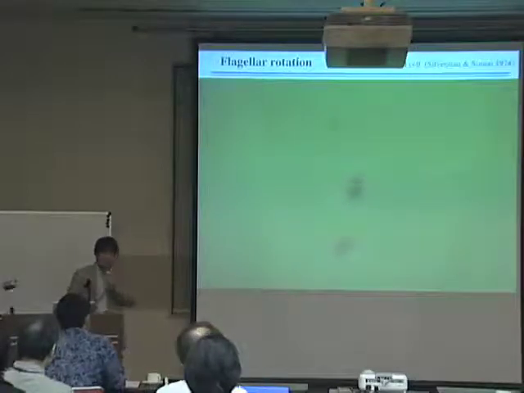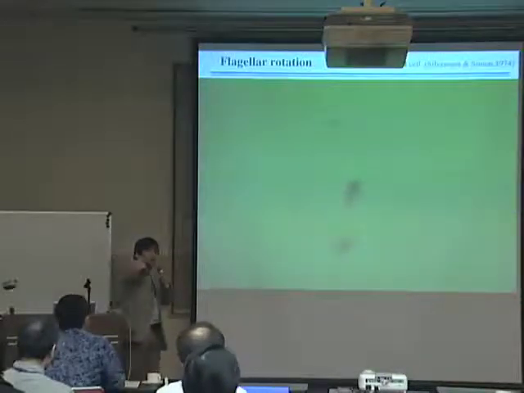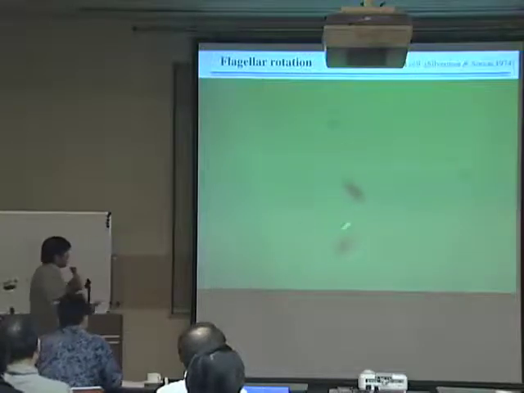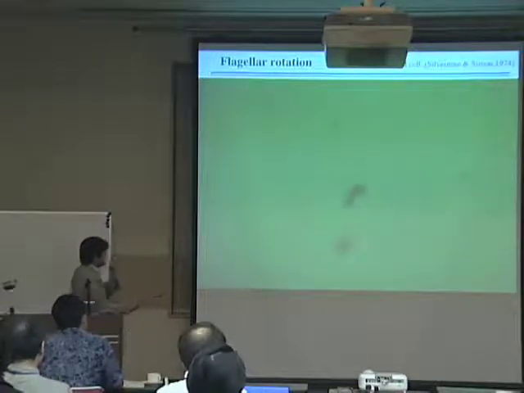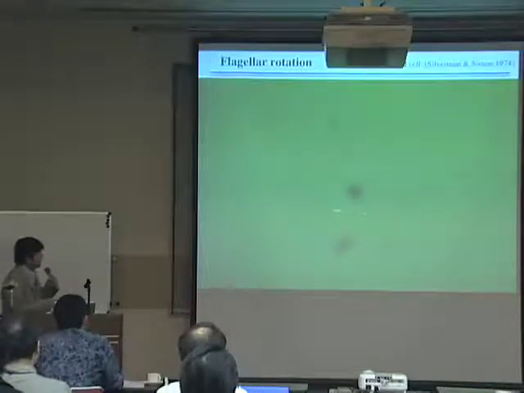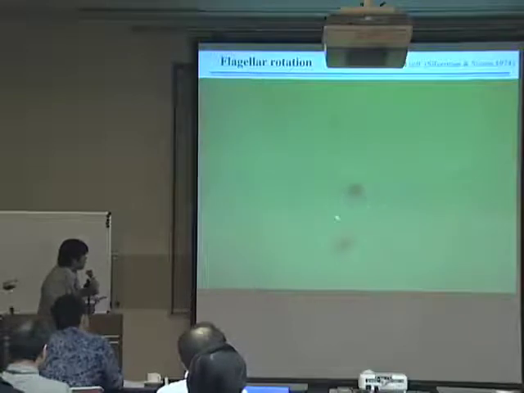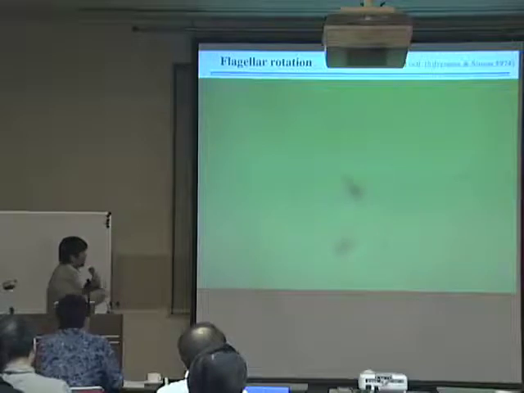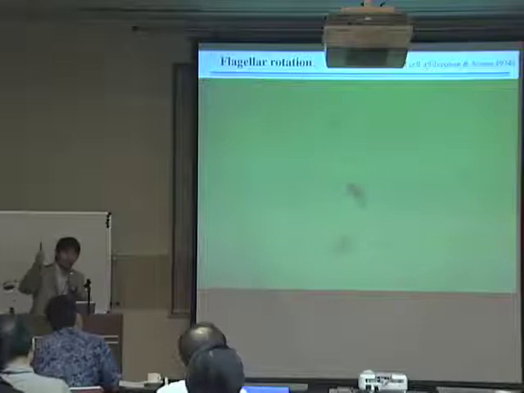It makes a whipping motion, not a rotational motion, but the bacterial flagellum actually rotates. The filament is attached to this slide glass, and you can observe this rotation. You can see that the rotation direction is sometimes backward and sometimes forward. So this motor can switch the rotation direction.